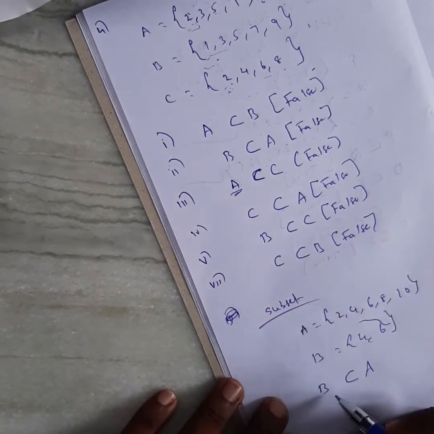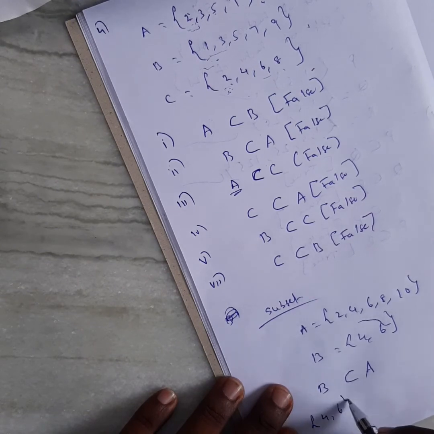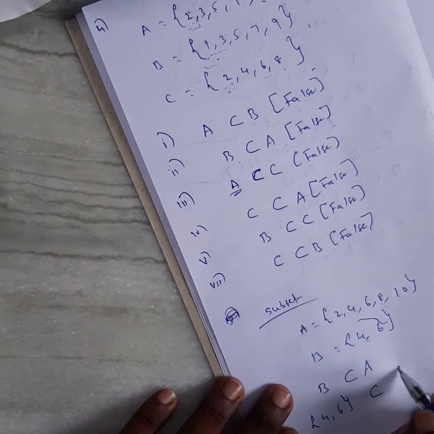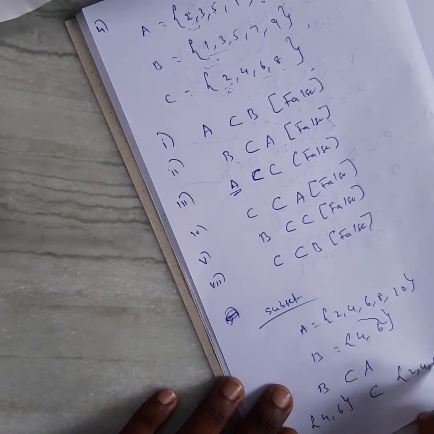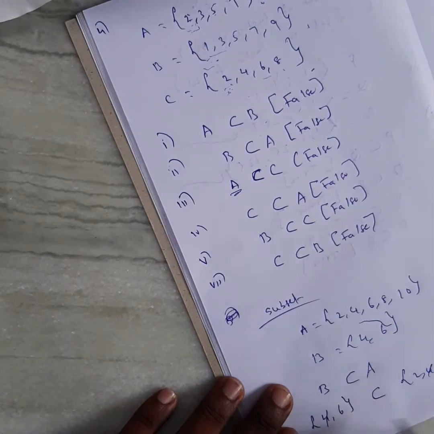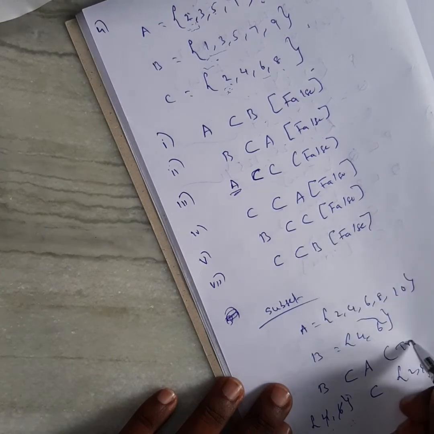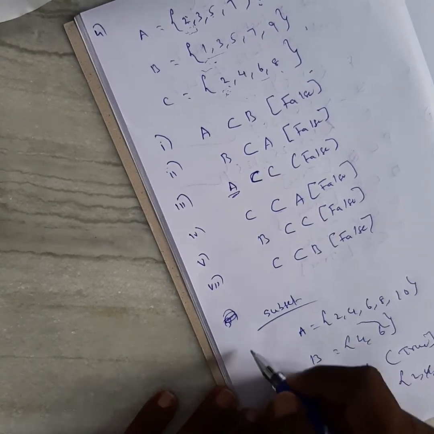Because the elements in B are 4 and 6, and 4 is also in A, 6 is also in A. If all elements are contained in the other set, we say that it is a subset. So it is true.